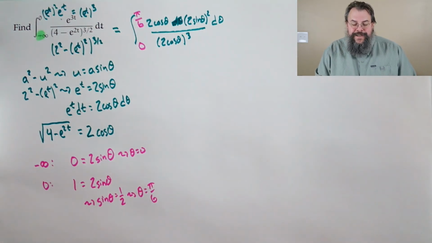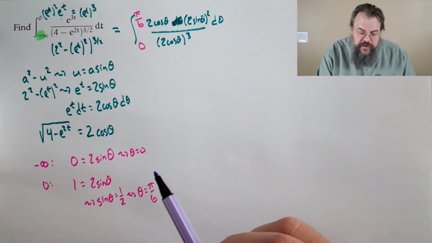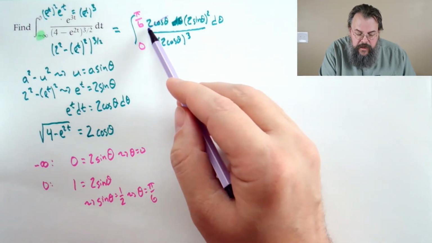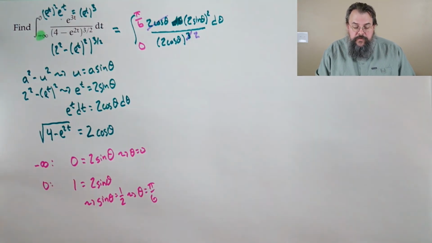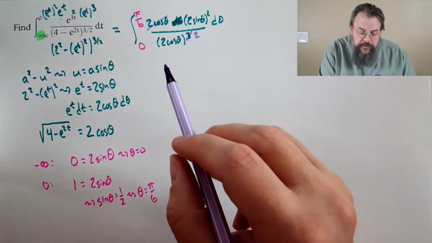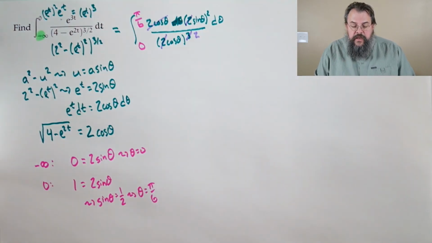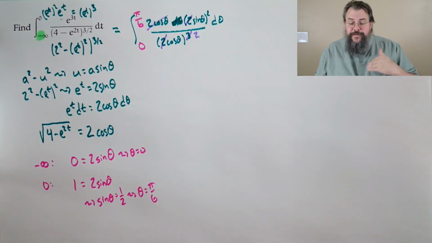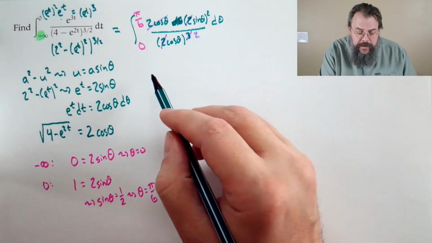There we go. All right, well, let's clean up a little bit here and see what happens. Now, we have a bunch of 2 cosine thetas, so we can knock off one from upstairs with one downstairs. You'll notice that we have 2 squared and 2 squared, so that gets knocked off. And then we have a sine squared over a cosine squared. And we say, wow, this is really becoming nice. So what do we end up with?